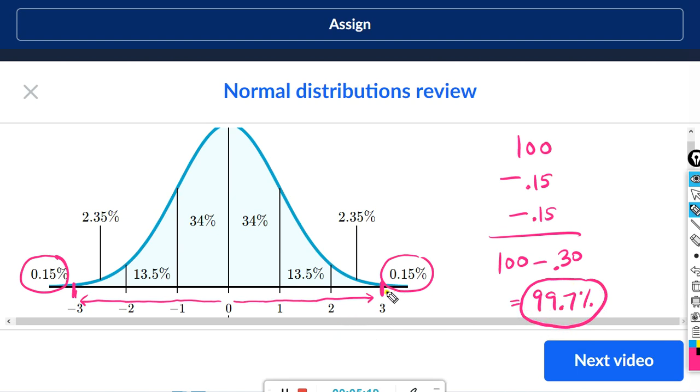So 99.7% of the data is within 3 standard deviations of the mean. It goes from z equals -3 to z equals +3.